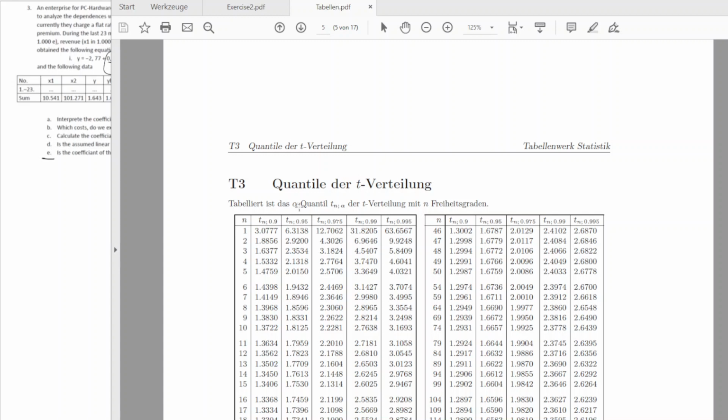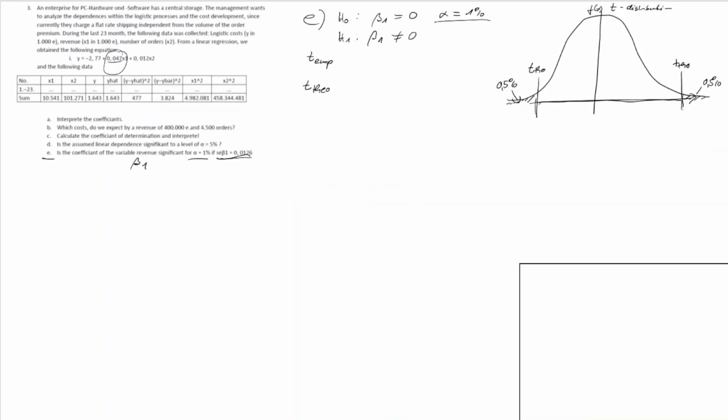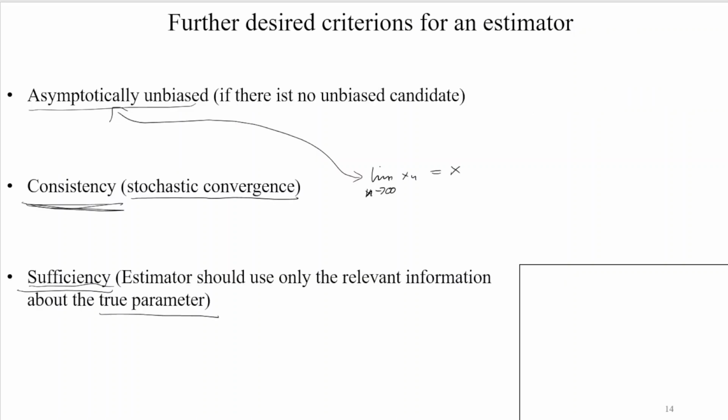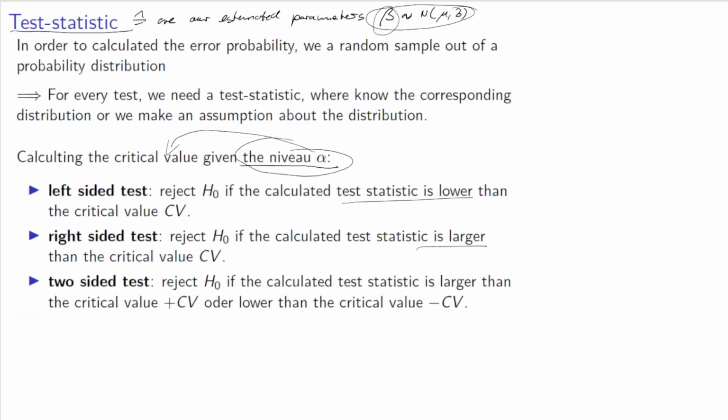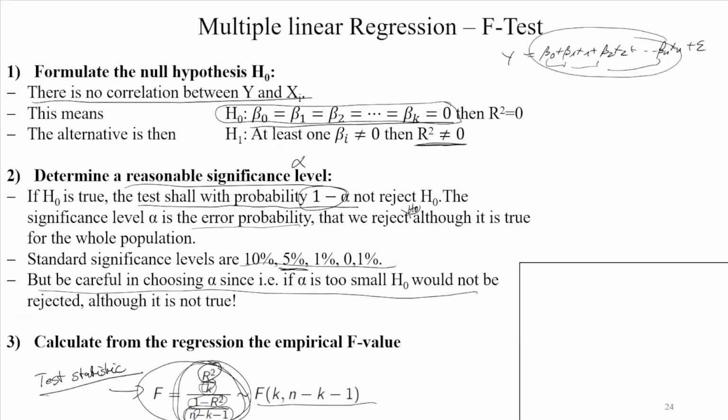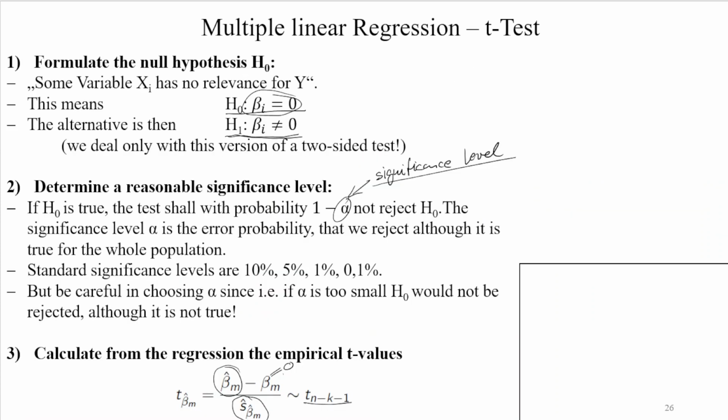Since we have these double-sided tests, we then have to look at 0.995, and again, we are in this column here. And unfortunately our t-distribution also depends on the number of data points and the number of parameters, and for the t-test we then also have to calculate n minus k minus 1. So this is again 23 minus 2 minus 1.